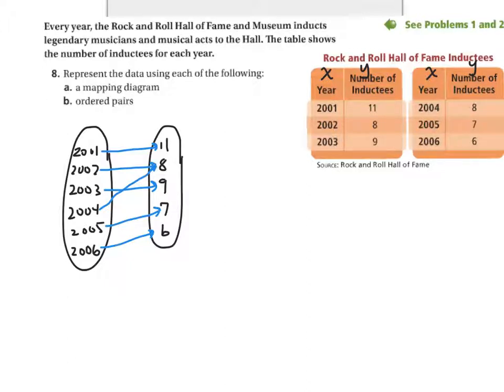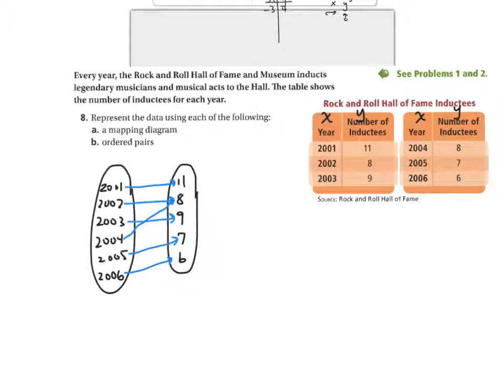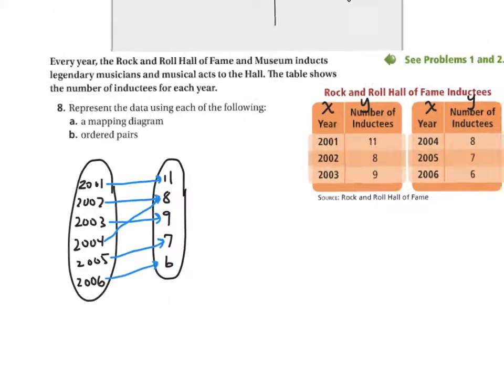Now, the ordered pairs part, I'm simply just going to write ordered pairs. So my first number here is 2001, and that goes with 11.